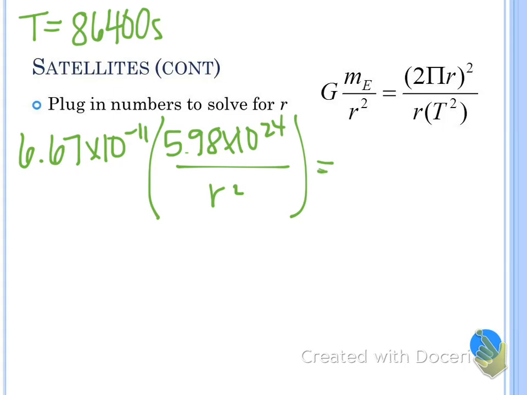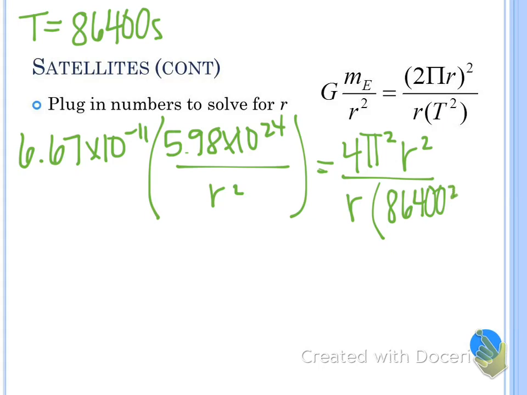We're solving for the distance above the Earth's surface. I'm going to go ahead and distribute that square, so it's going to end up 4 pi squared r squared over r times 86,400 squared.